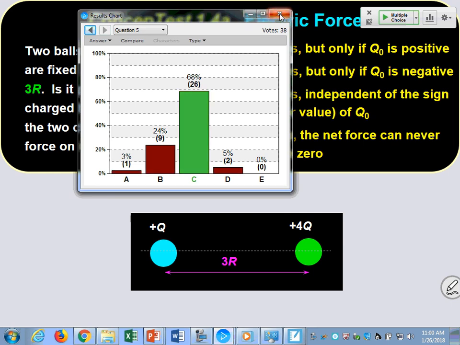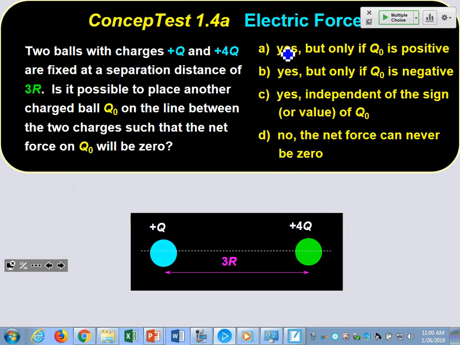C is right. That it is possible to have that, but it doesn't matter what the sign is. So let's just imagine that I have a positive charge here. I'm not going to worry about the sizes of the forces, but the force due to the plus 4Q charge will be over here, and the force due to the plus Q charge will be in that direction.